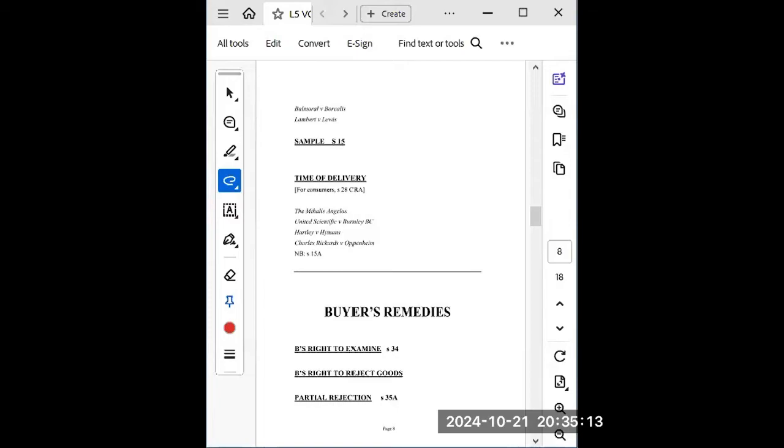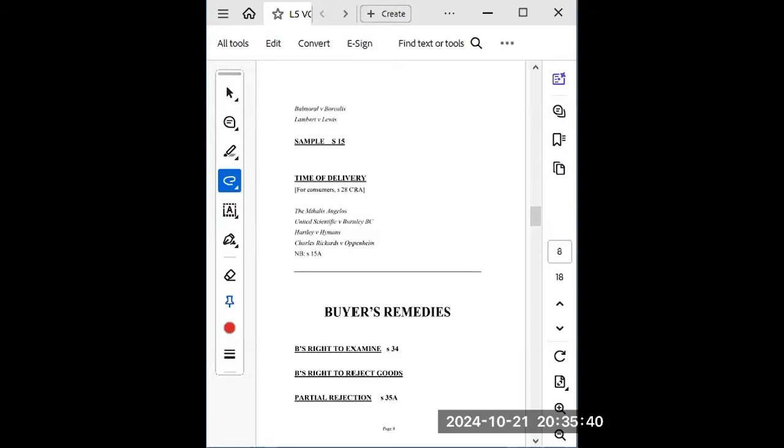Section 34 says the buyer must be given a reasonable opportunity to examine goods. Now, this right to examine can be waived or excluded by the contract, but it does need to be very clear that the buyer has waived his right to examine, because the buyer is giving up a very valuable right.